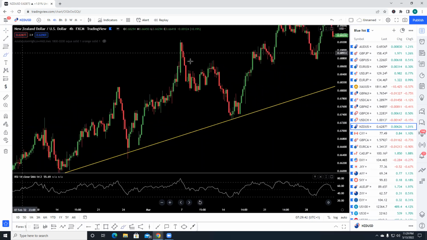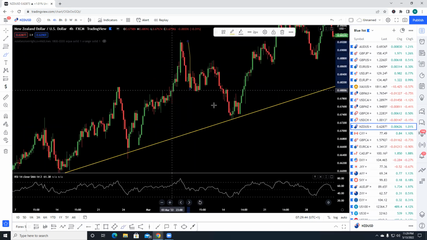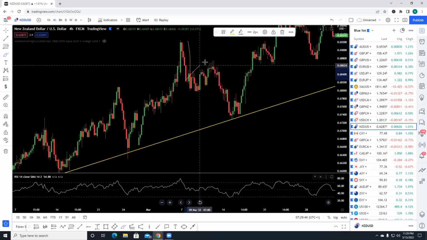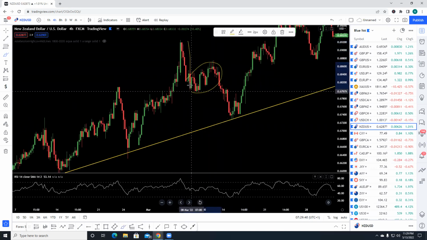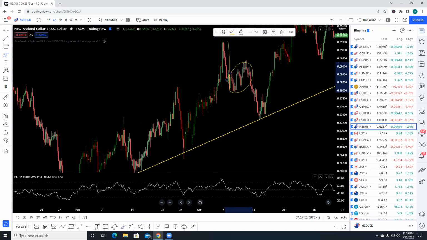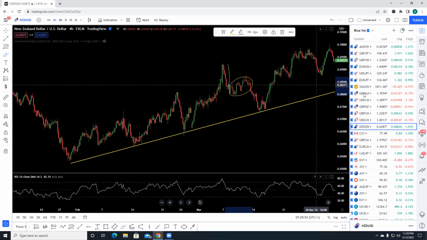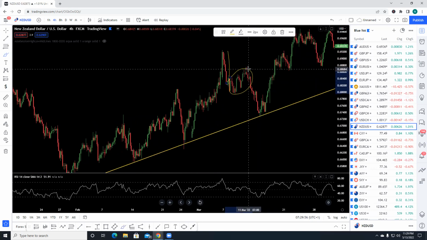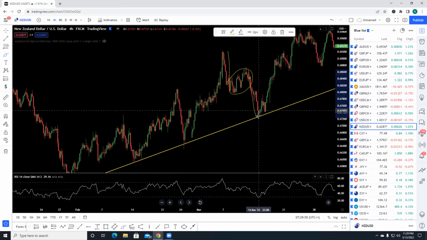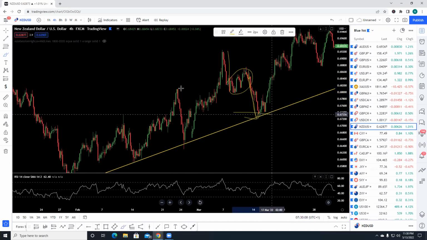Look at this. After this move down, it has not gotten there, but what do you see here? You see what? Liquidity. You see consolidation there. So after this consolidation, you want to find out whether this consolidation will break down towards the trend line or will break up. If it will break up, you don't have to prepare for the trade. But look at the way it's breaking down. It's breaking down to the trend line.